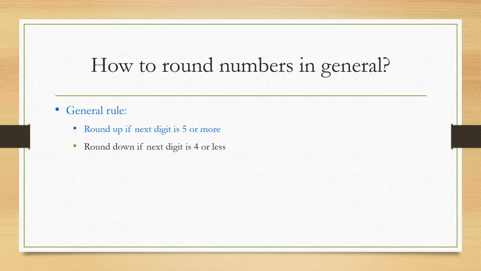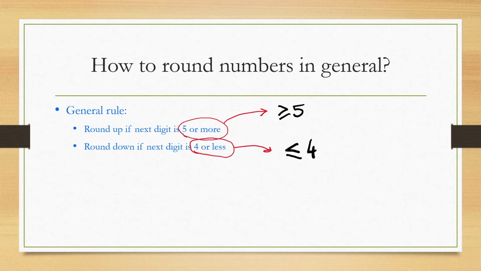When it says 5 or more and 4 or less, we can write this mathematically as shown in the previous slides. We can write 5 or more as: this next digit is more than or equal to 5. And here it shows similarly that this next digit is less than or equal to 4.